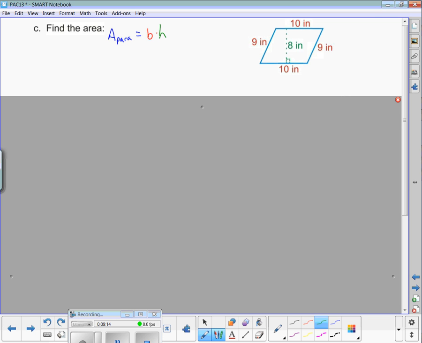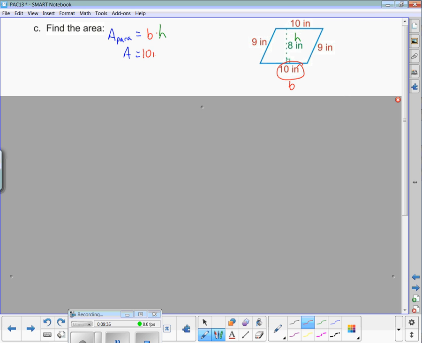It'll help you out. Okay, well, this one, I always start with my height. The 8 inches has to be the height. Once that's determined, my 10 has to be the base. Okay. Once I write para one time, I don't write it again. Again, what's my base? 10.